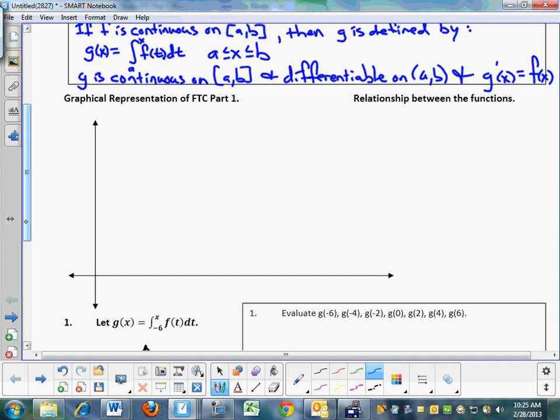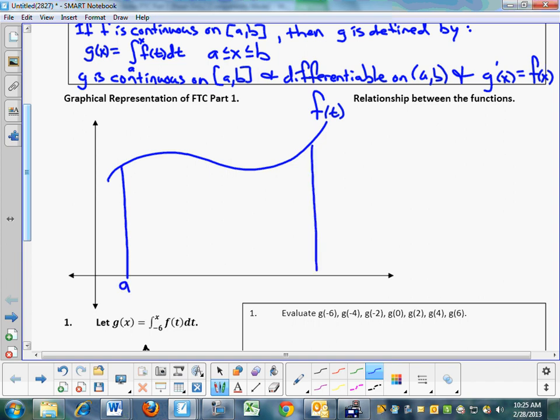Okay, so there was a question asked here already, I believe it was either by Kyle or Derek, in regard to the function itself. So if we call this f of t, and we define it from a over to b, and we're going to place x somewhere between a and b.